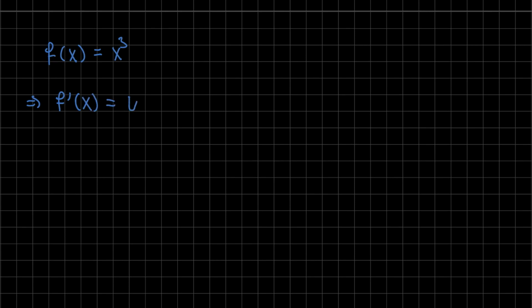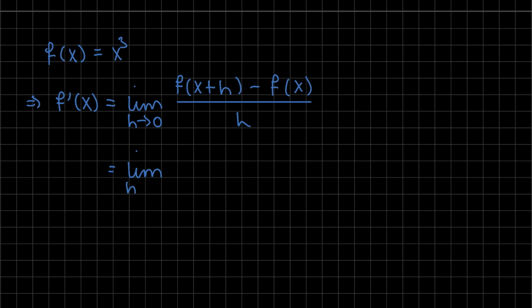The first step is to copy our limit definition, and then I'll substitute f of x plus h and f of x by our actual function, f of x equals x cubed. So when I substitute in for our function, we have the limit as h tends to 0 of (x plus h) cubed minus x cubed, all over h.